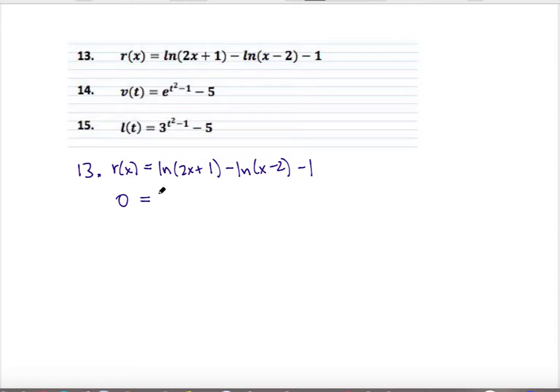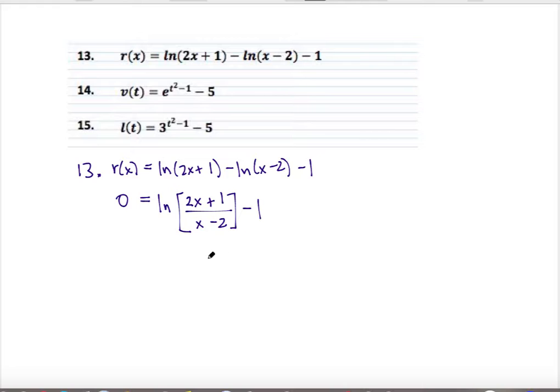The property there would be, if I have one logarithm subtracting from another of the same base, I can rewrite this as the quotient of these two arguments. So I would write this as ln of 2x plus 1 over x minus 2. So I just combine these two terms using properties of logarithms.